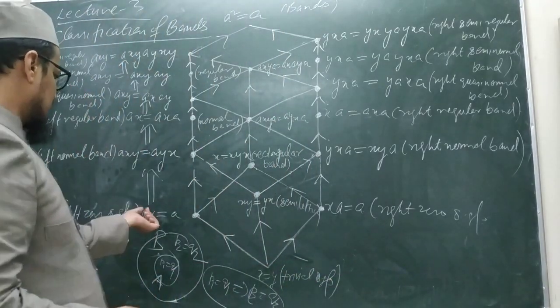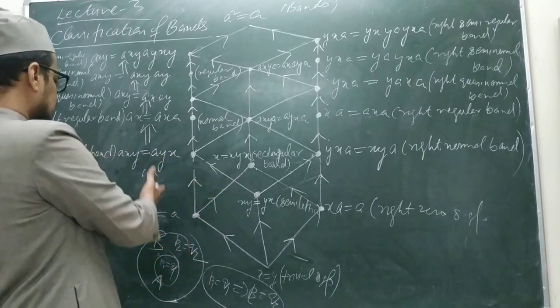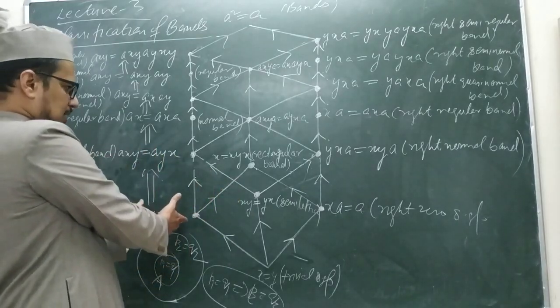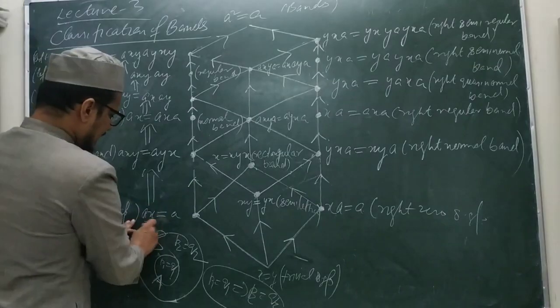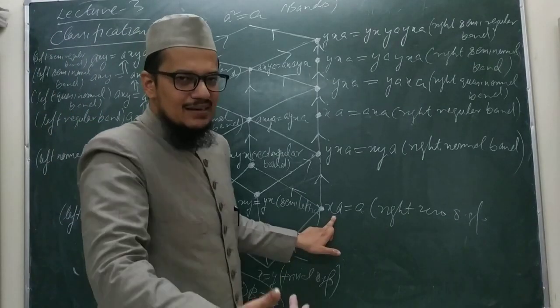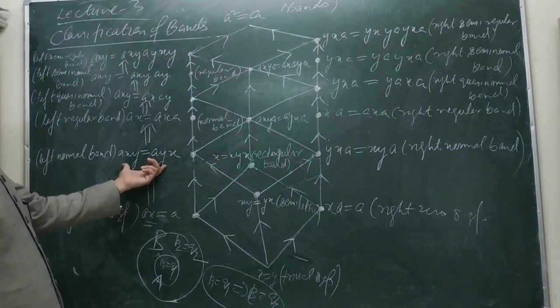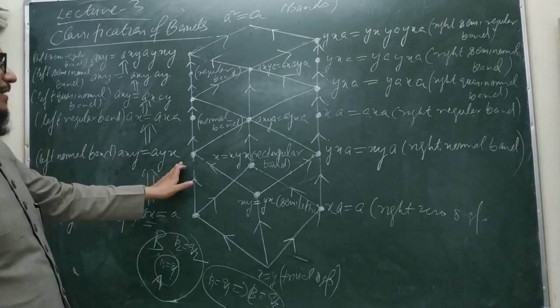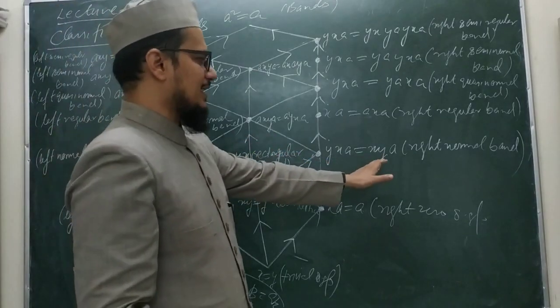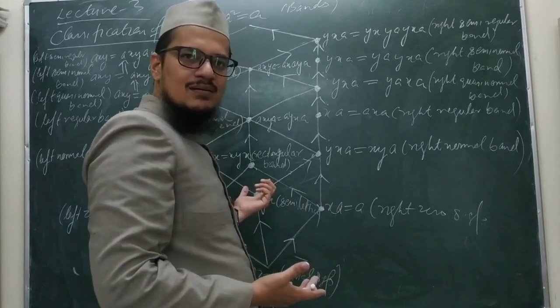See, for example, if you say AX is equal to A, the dual means that here A is commuting from the left, and here A is commuting from the right. You say left normal band, AXY is equal to AYX, and YXA is equal to XYA. In a similar fashion, you can see that this is the dual of this. Is it clear?